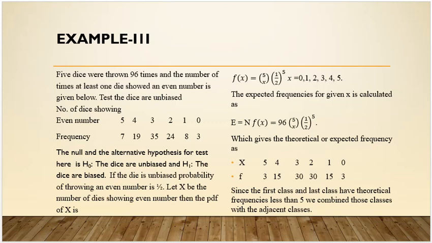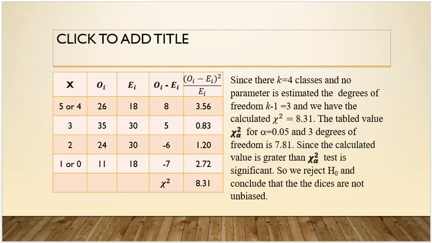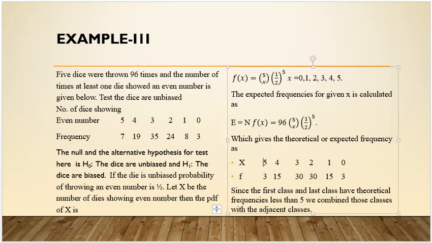In this example we calculate again the theoretical frequency and observed frequency. Looking at the observation corresponding to 5, the theoretical frequency is 3, which is less than 5, and again the theoretical frequency corresponding to 0 is also 3. So you have two values, one here and one here, which are less than 5. So we add these with the neighbouring class, the 0 with 1.